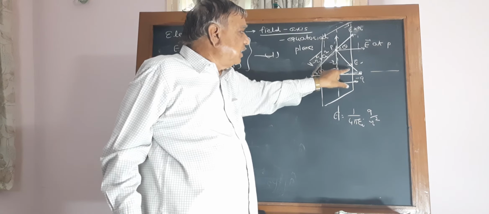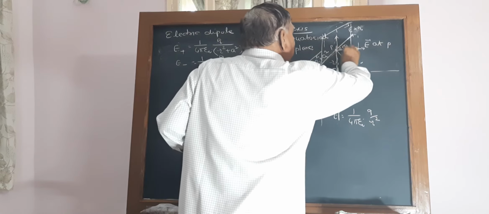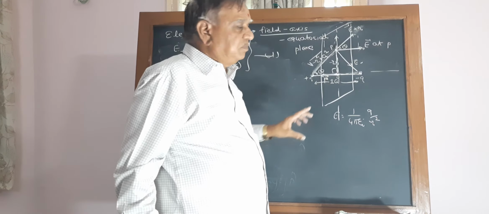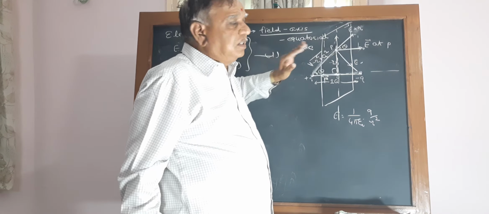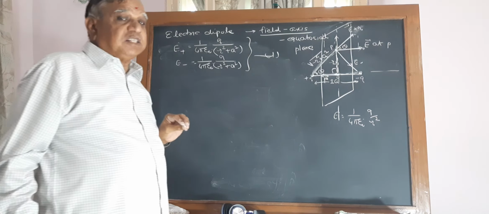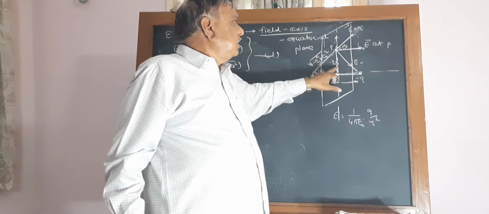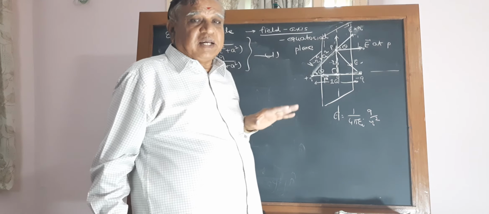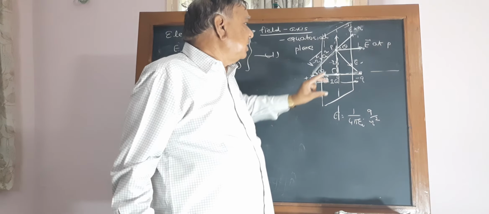Similarly, resolving the negative field, again we get two components, E cos theta and E sin theta. It is clear that both the normal components, E minus sin theta and E plus sin theta, normal to the axis, nullify each other, cancel away.